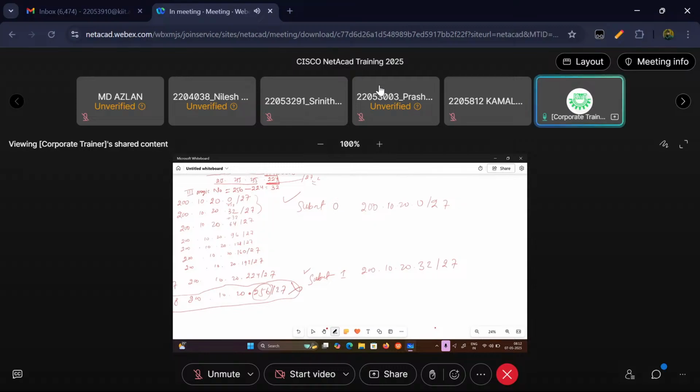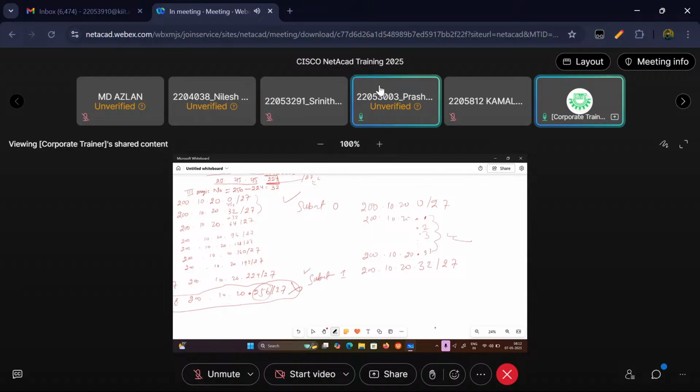In this network, if you write the IP like 200.10.20.1, 20.2, 20.3, it will go up to 200.10.20.31. So it will start from 1 and go up to 31, right?